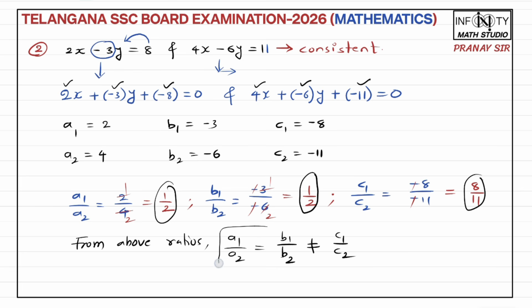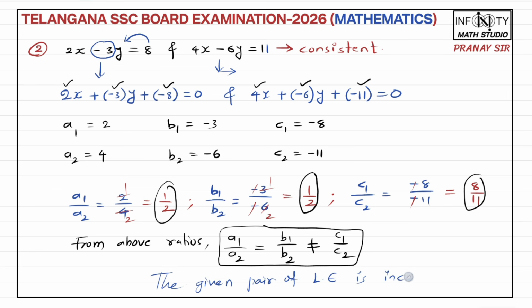Now this relation tells us that the given pair of linear equations is inconsistent, not consistent. That means they are parallel lines, and they don't have any solution. This is how we solve this problem.